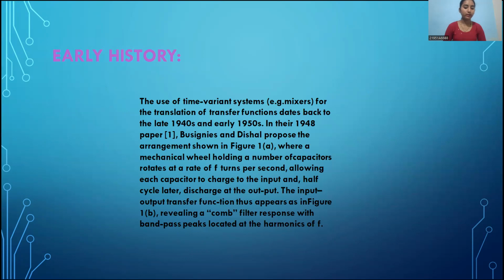In their 1948 papers, Bennett and Dishal proposed the arrangement shown in Figure 1, where a mechanical wheel holding a number of capacitors rotates at the rate of F turns per second, allowing each capacitor to charge to the input and half a cycle later discharge at the output.